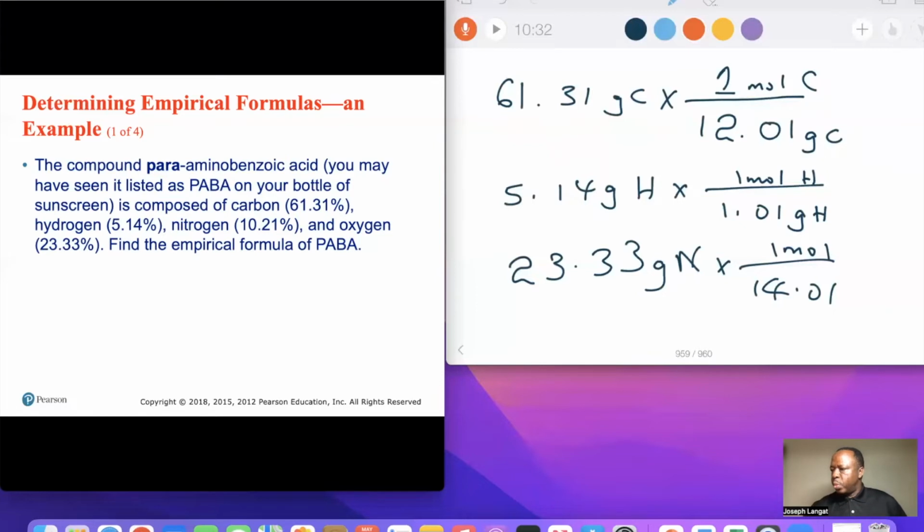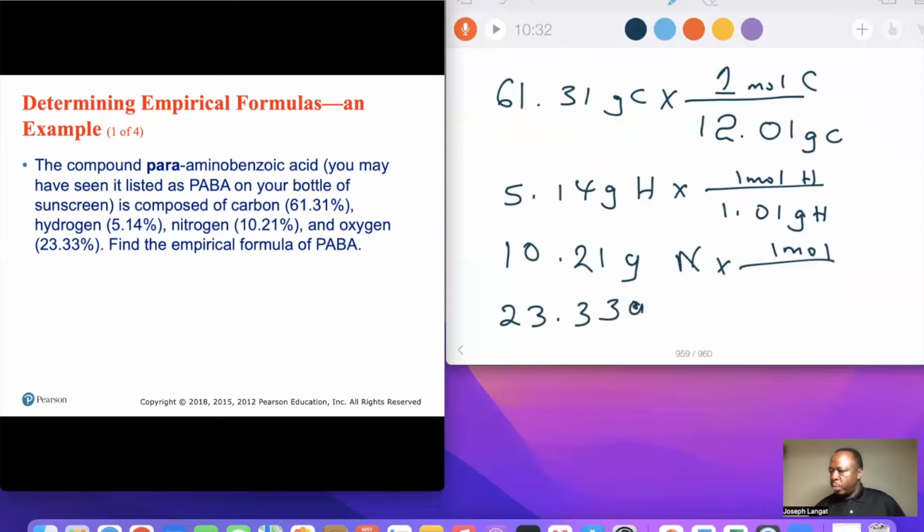So this will be for nitrogen, 10.21 grams of nitrogen, and oxygen is 23.33 grams of oxygen.